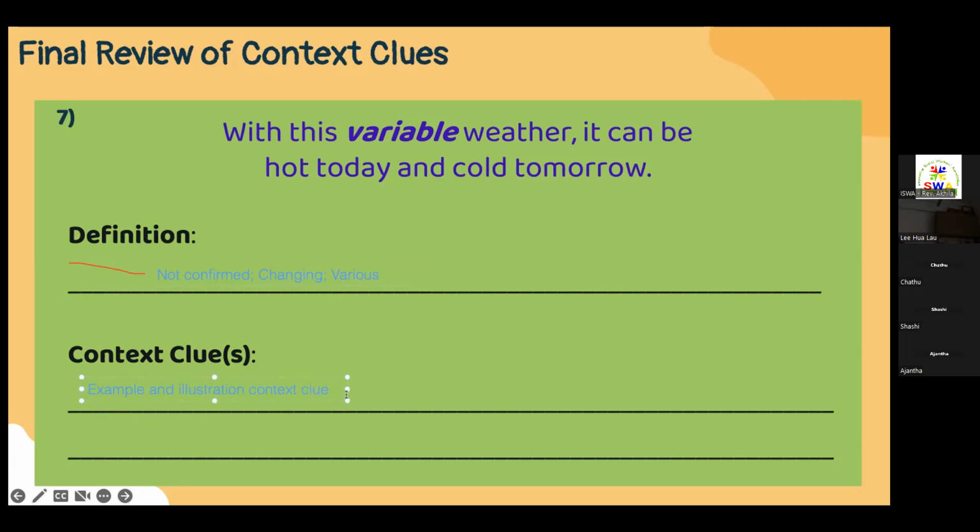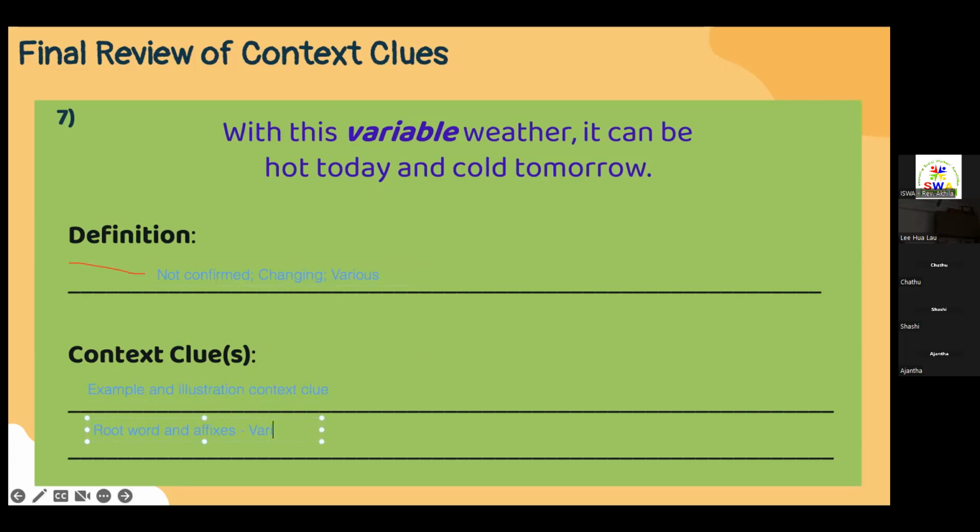Okay, but actually variable, you can also split the word up into two different words. So it can also be a root word and affixes in this case. Okay, I think somebody said various, right? Was it Dharma or Sashi?